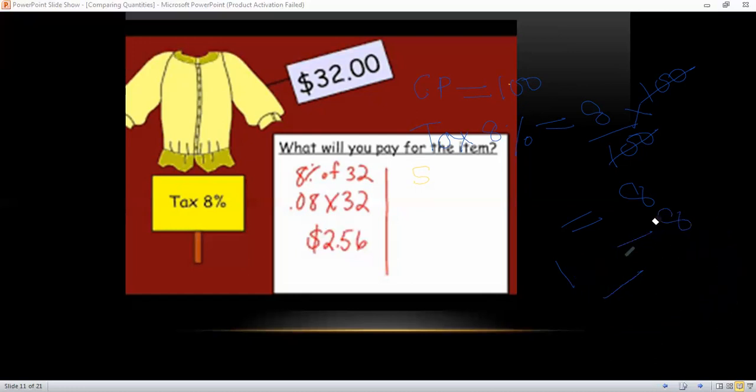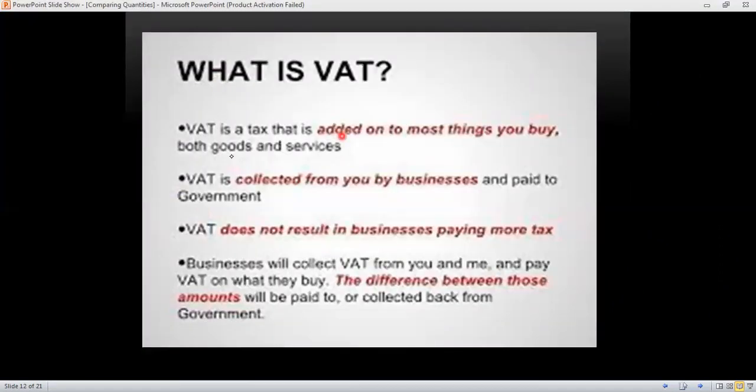So in almost every item we see that tax is included, whether you go to a restaurant, whether you go to a mall, or anything you buy from the market, you will see that the value of tax is added. Now what is VAT? VAT is a tax that is added on most things you buy, both goods and services.